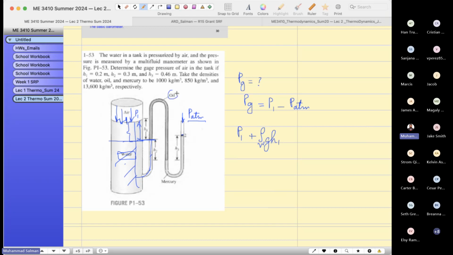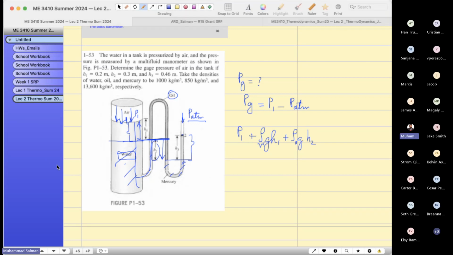Now let's talk about oil. If you just subtract the even difference, but the uneven difference is H2. Now again, you are adding this pressure because you are going downward. This pressure head is rho oil GH2. Now you will tell me, if I draw a line to subtract the even portion and then H3, should I write down rho GH3 as positive or negative?